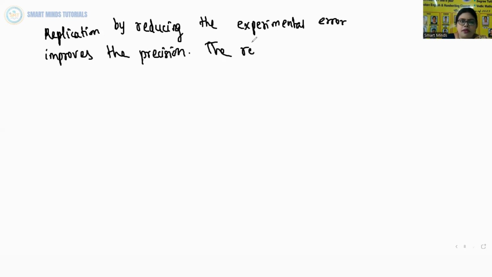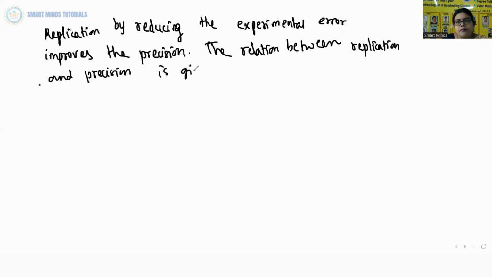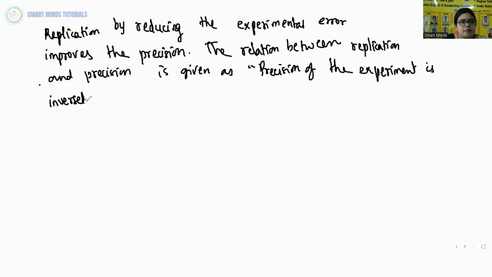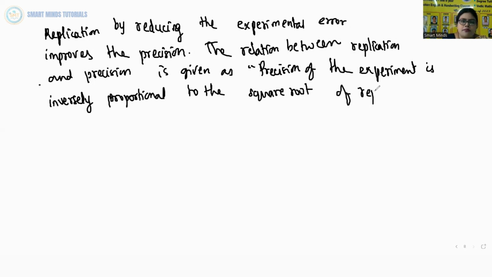So the relation between replication and precision is given as: precision of the experiment is inversely proportional to the square root of replication.